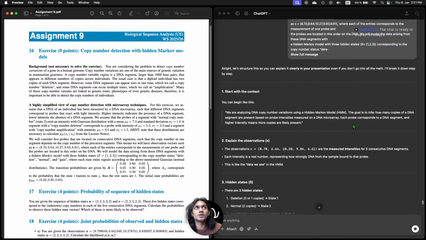Each probe corresponds to a DNA segment, and higher intensity means more copies are likely present.